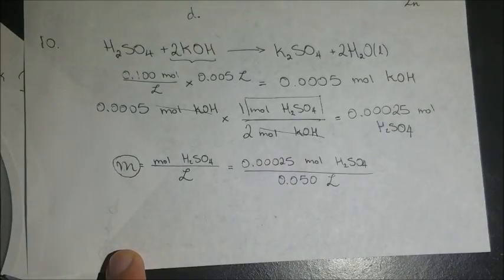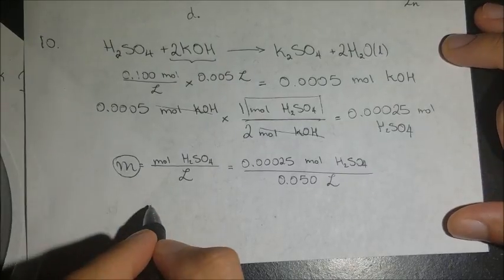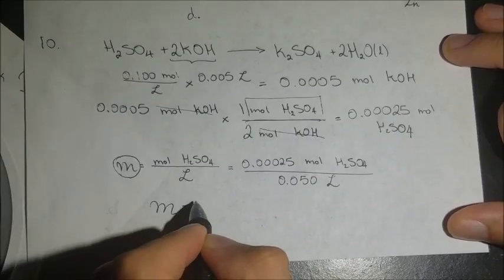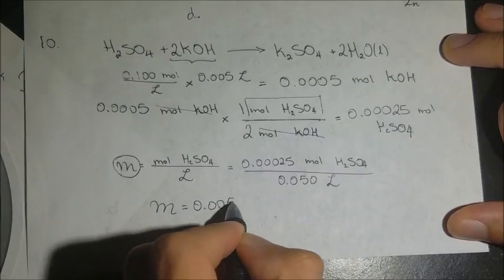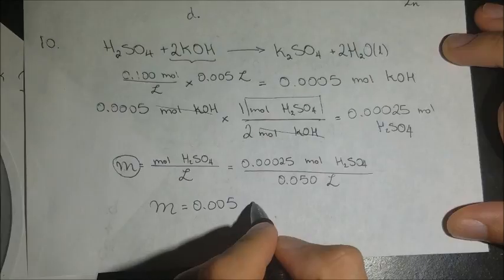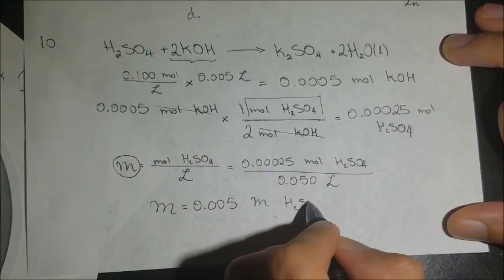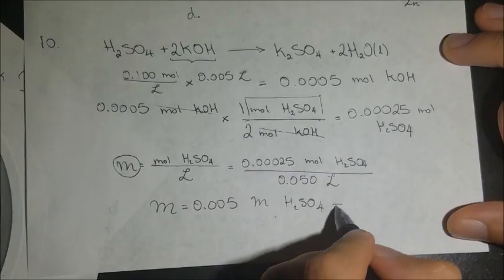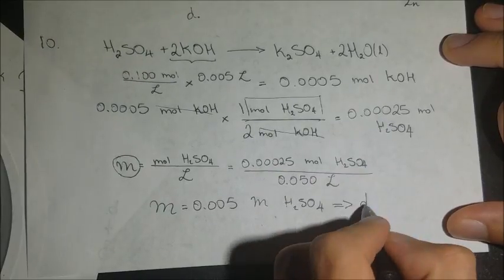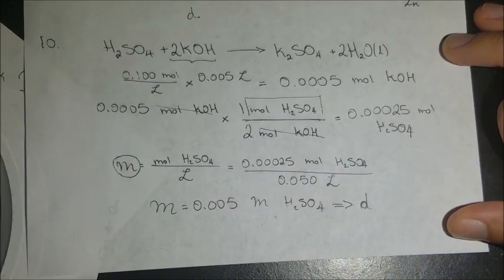So now I can just go ahead and go 0.00025 divided by 0.05. And what that gives me is a molarity of 0.005. So that's 0.005 molar H2SO4. So that corresponds to D, so D is the correct answer for number 10.